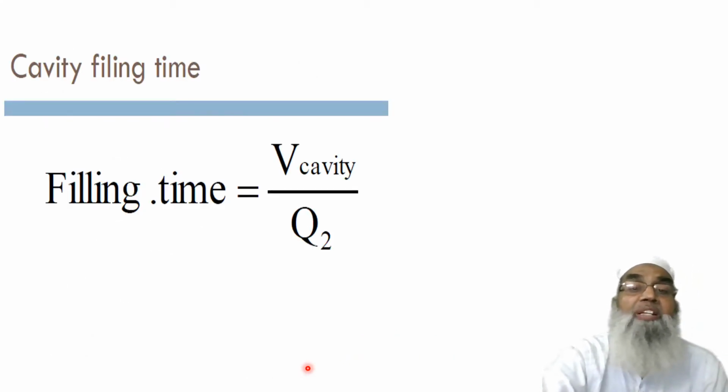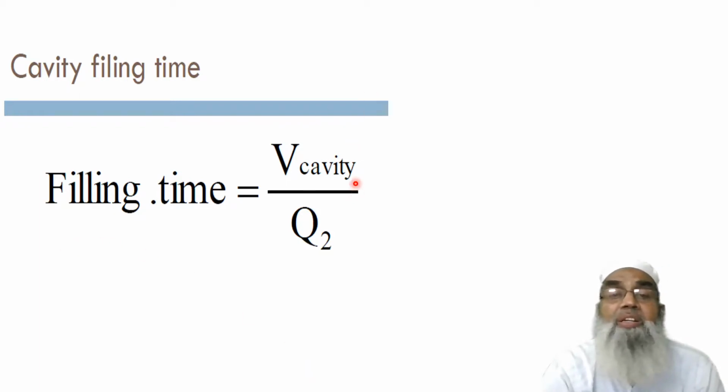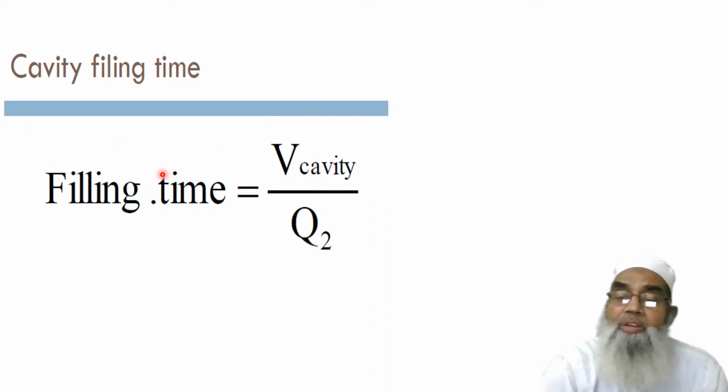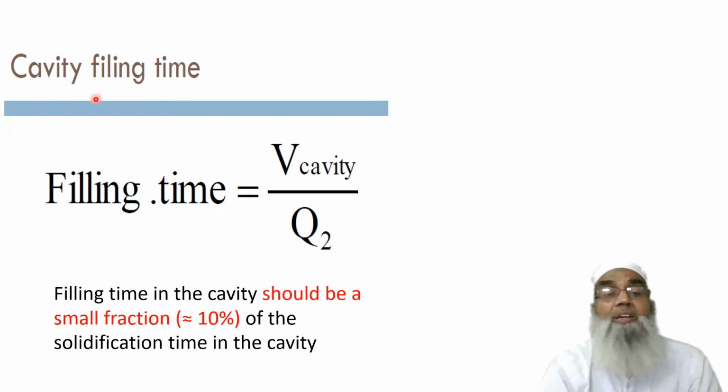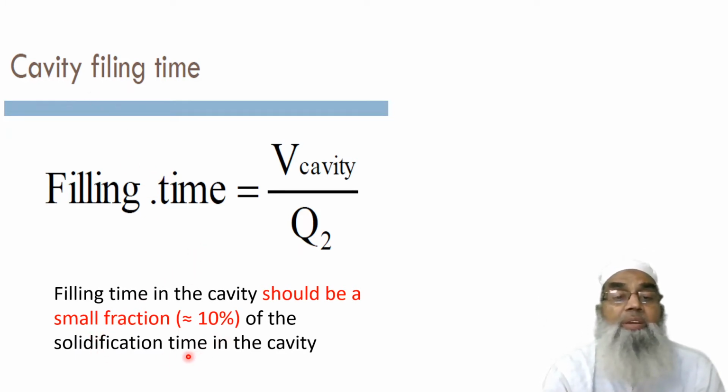And therefore for filling time, we know the volume of the mold cavity, and we also know the flow at the in-gate, and therefore we can find out the filling time. But one thing very important: the filling time should be a small fraction of the solidification time.